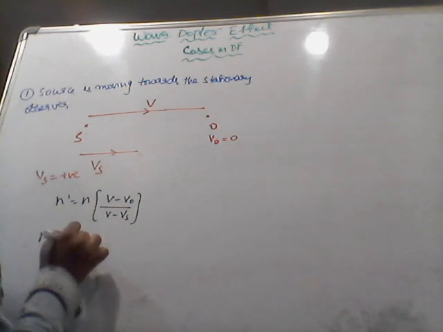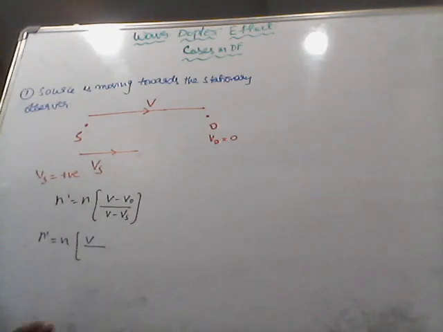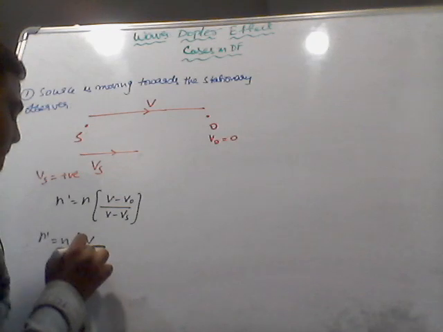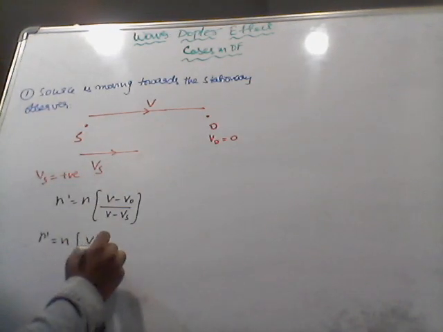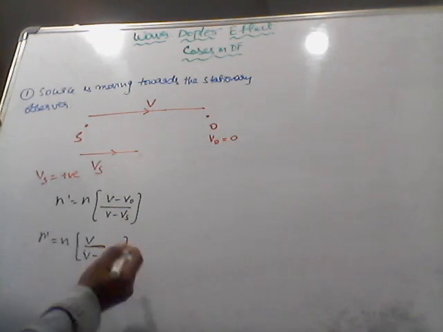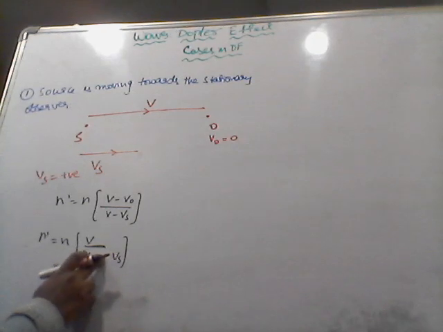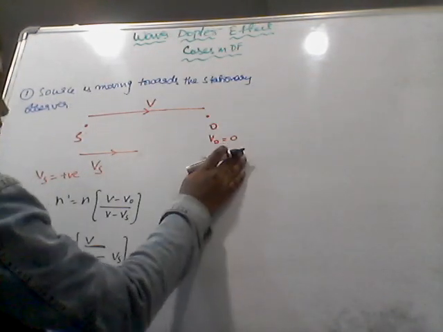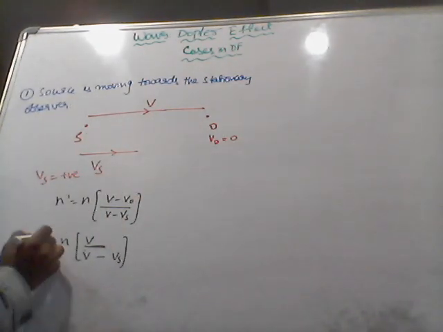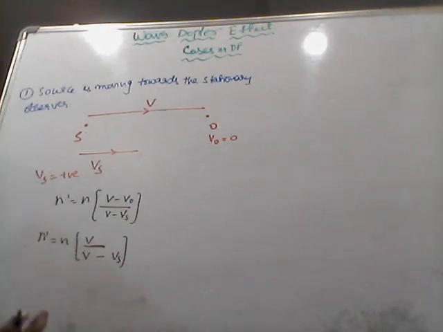N dash is equal to N into V minus 0, I can just write simply V, and then V by V minus of plus Vs. So minus into plus remains minus only, correct? So when the observer is stationary, the apparent frequency N dash that the observer will hear can be calculated using this formula.